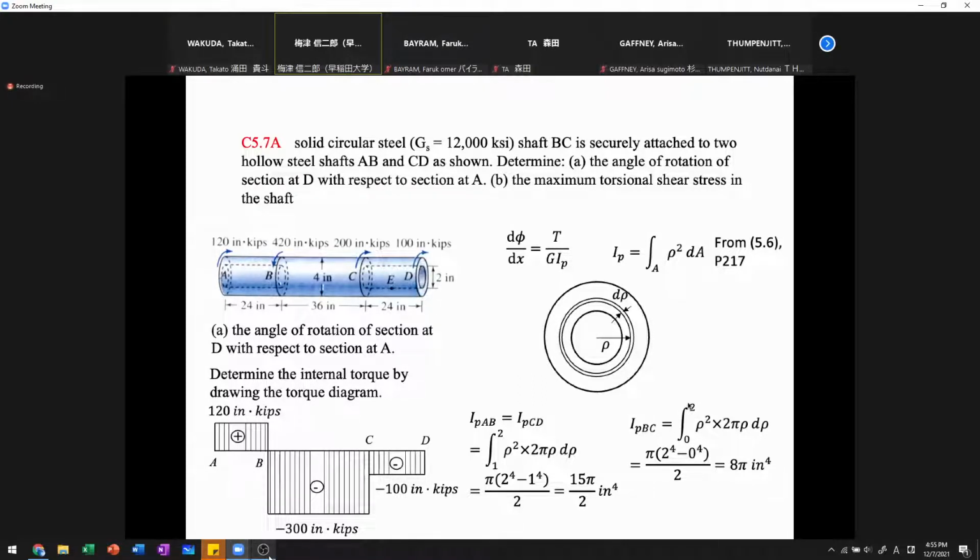So this is the difference between IP of BC and the other two hollow steel shafts. And you can get the value of both IP.